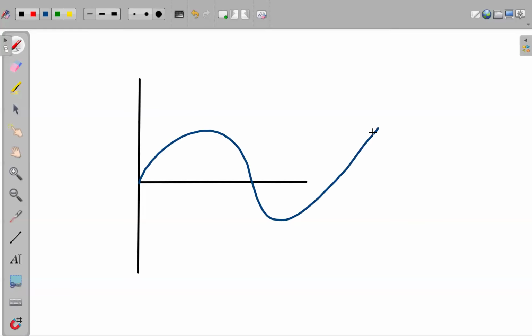If you've got a graph like that, and I ask you where the graph is increasing or where the graph is decreasing, you need to be able to use the gradient test or the derivative test to tell whether it's increasing or decreasing.